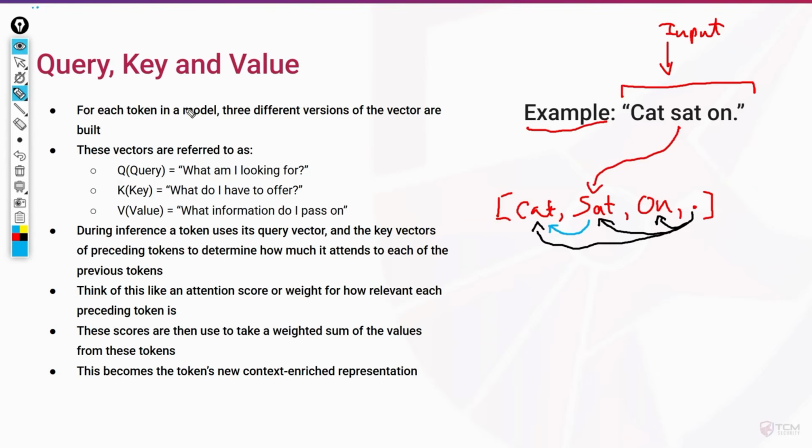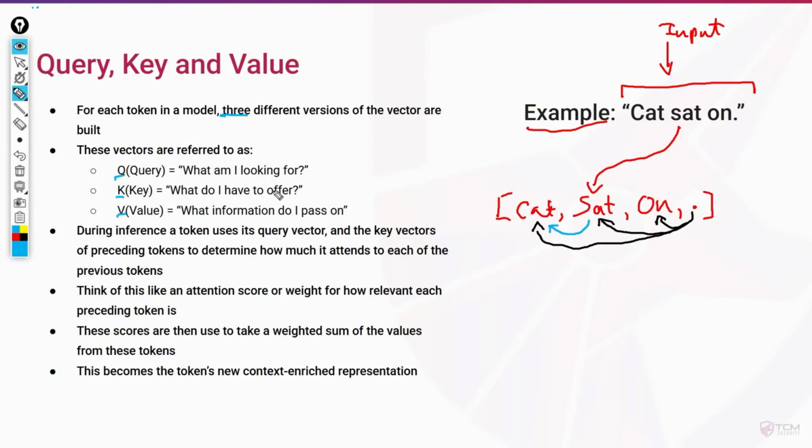For each token in a model, there are 3 different versions of a vector that are built, which are used for attention. These vectors are referred to as query, usually abbreviated Q, key, which is K, and value, V. If you want to think about these the way humans do natural language processing or analogy, you can think of the query vector being used by tokens to determine what they are looking for.